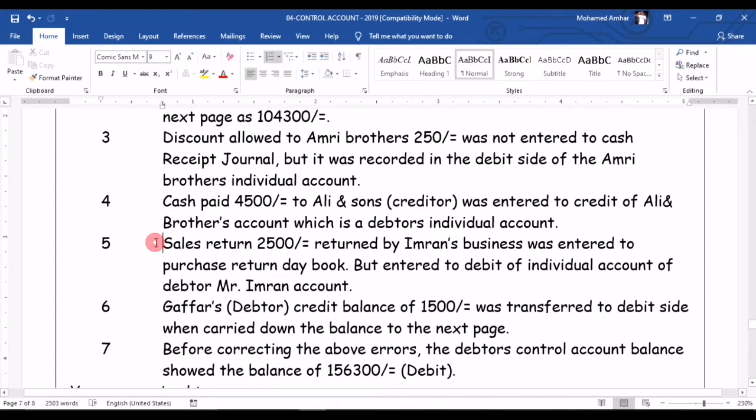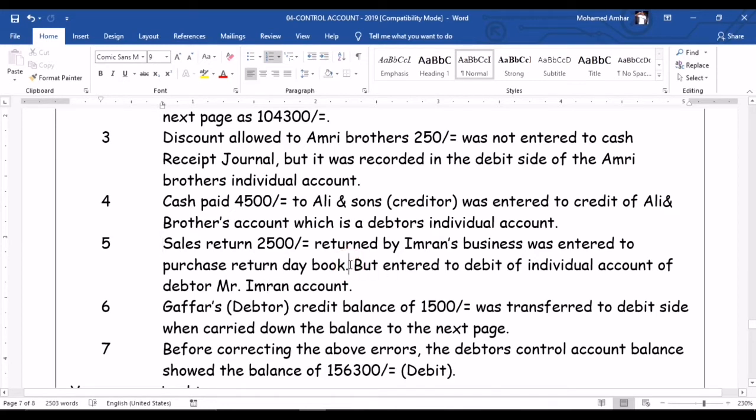Fifth, sales return of 2,500 returned by Imran's business was entered in the purchase return day book.